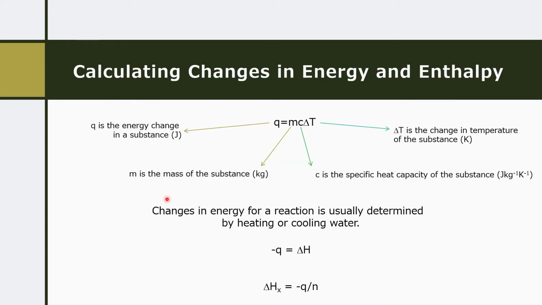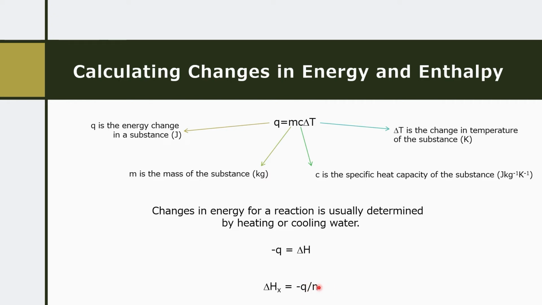So just like we did in module 4, we can calculate energy changes in a substance using Q, m, c, and ΔT, measuring all of the changes that happen to that substance that's either absorbing or releasing energy, and using that Q value to calculate enthalpy, where ΔH of the reaction is equal to negative Q divided by n, the number of moles of whatever's happening in the reaction.